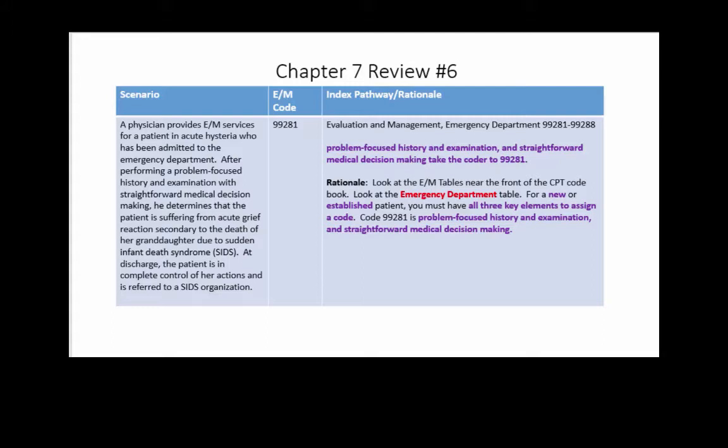Look at the tables again in the front of the CPT code book under emergency department, and you see that it doesn't matter if you're a new or an established patient. You have to have all three key elements to assign a code. And code 99281 is problem-focused history, problem-focused exam, and straightforward medical decision-making.